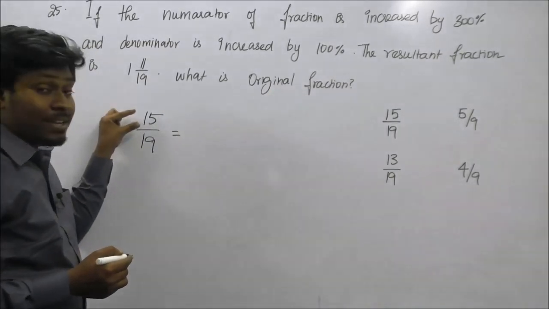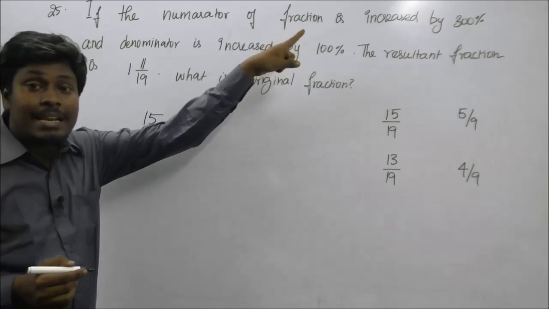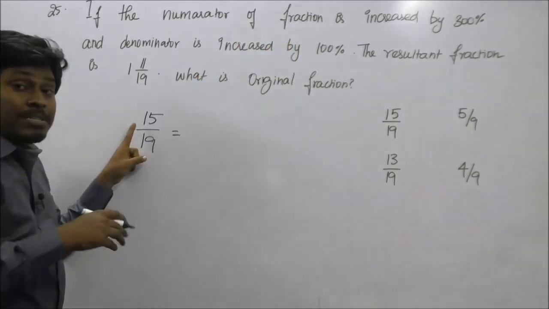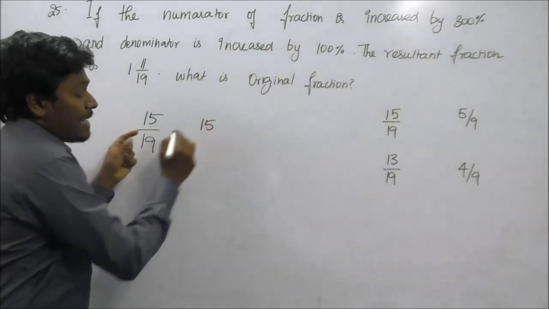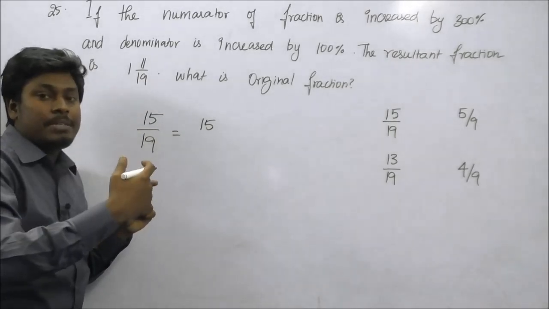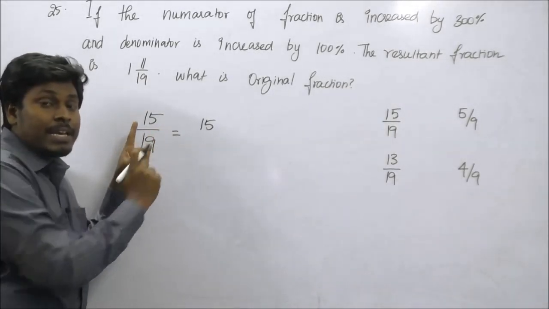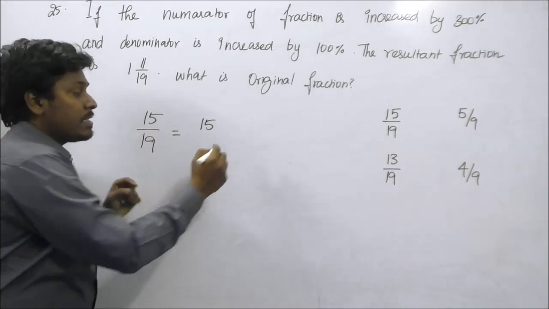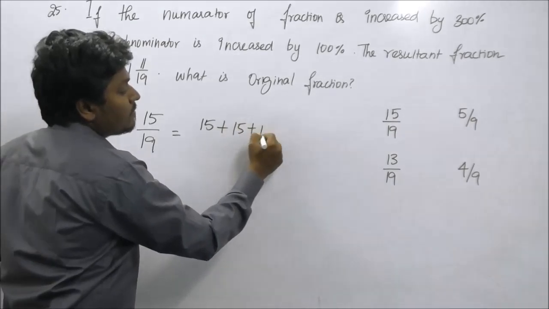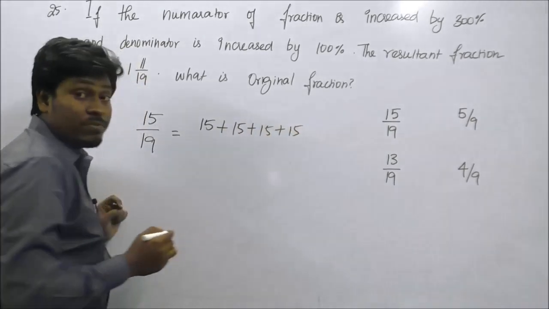Then how much does the numerator get increased? It gets a 300% increase. The x value is 15, and already 100% is 15. To increase by 300%, we add 15 plus 15 plus 15. Understood, friends, what I am writing?